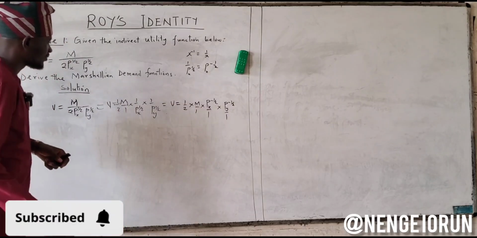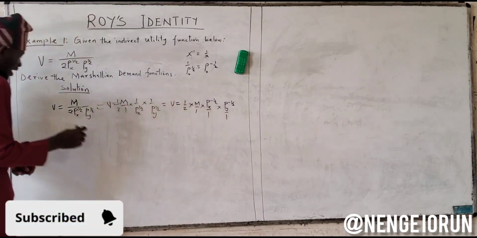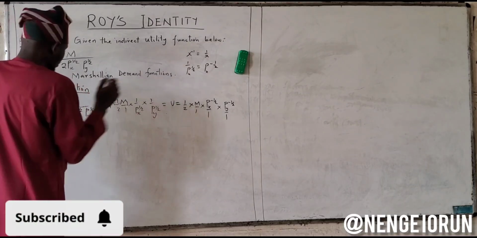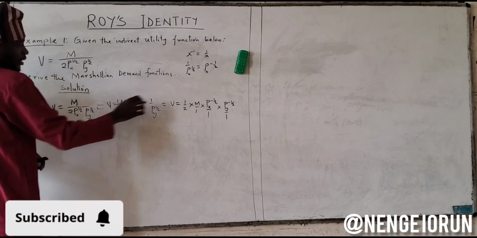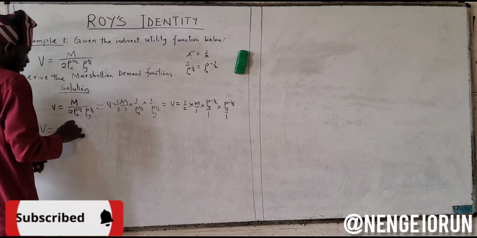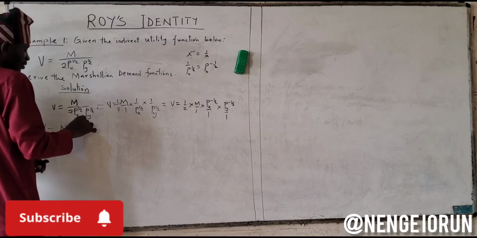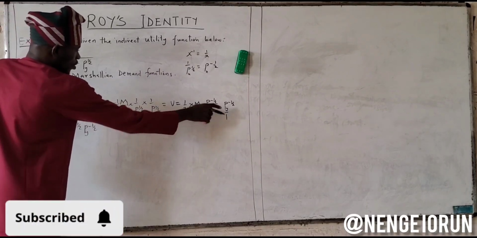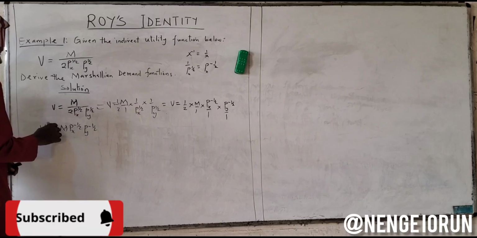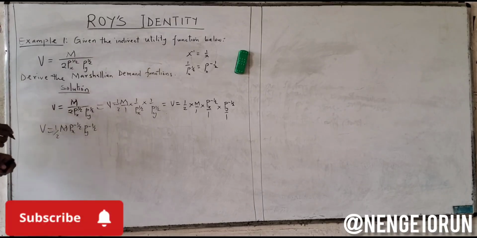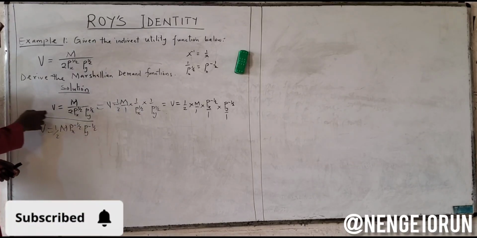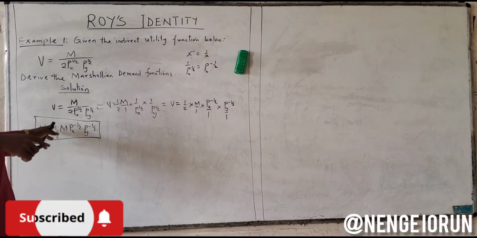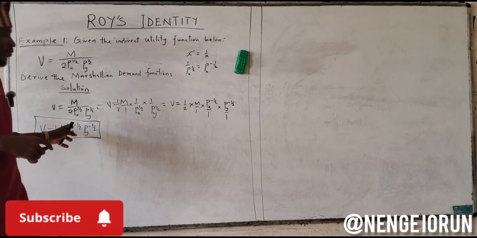Now, this can be written as V is equal to 1 times M is M times Px raised to the power of negative half, Py raised to the power of negative half, all over 2. Now this is a redefined indirect utility function.